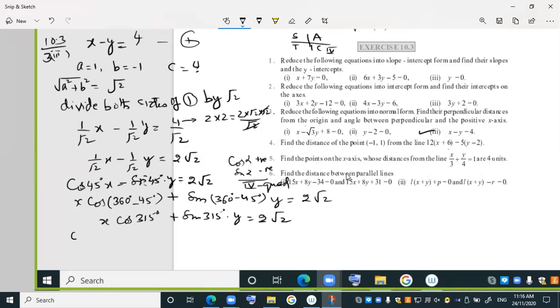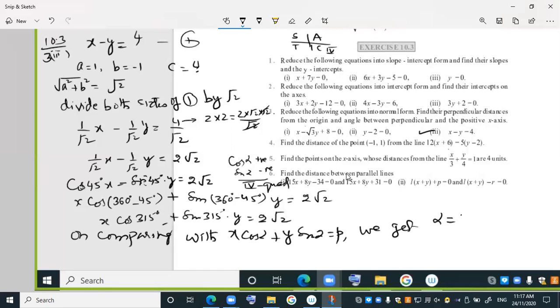Now on comparing with x cos alpha plus y sin alpha is equal to p, we get alpha is equal to 315 degree and p is equal to 2 root 2.